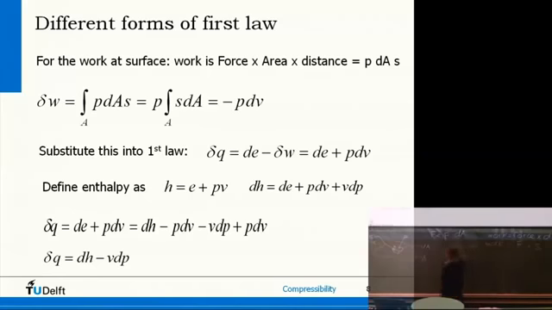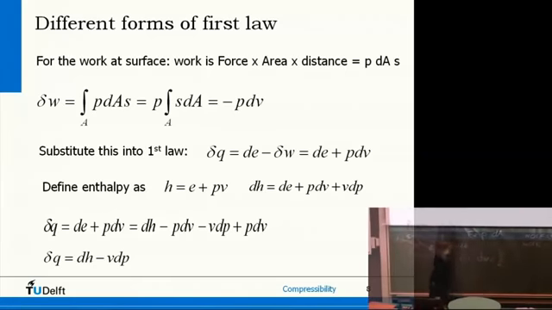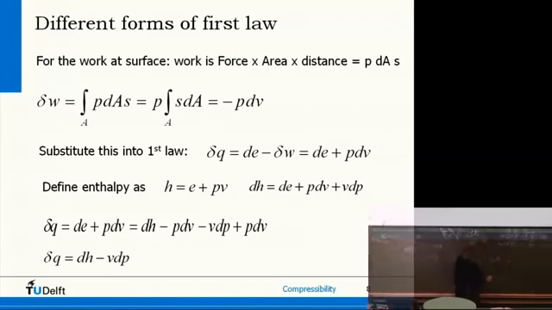So del W, the work change, is the integral over A, force times distance. Force is P dA times s. And this is still per unit mass, right? P is constant, so we can take it out of the integral.